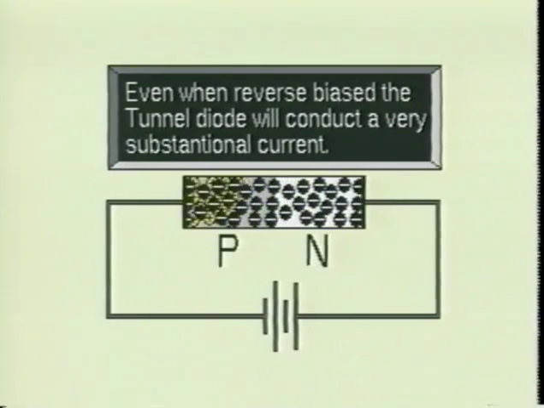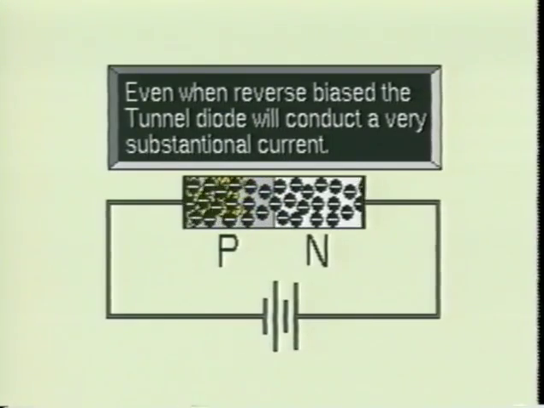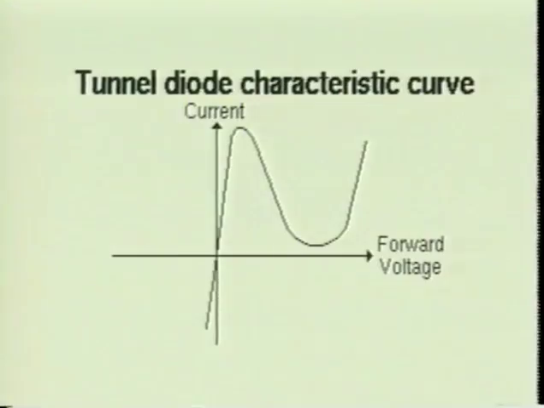When the tunnel diode is forward biased, its initial behavior is similar to its reverse bias condition. As you can see from this characteristic curve, when the forward bias is increased, more and more electrons will tunnel through the barrier, thus increasing the current. This occurs until a maximum level of tunneling is reached.